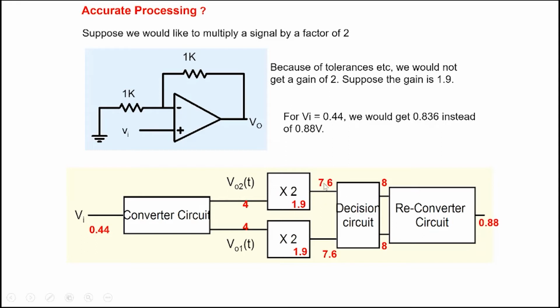And therefore, even if it becomes 7.6 or 7.4 or 7.3, as long as it is more than 7.5, anything it could be, the number would be 8. So it is robust to errors, robust to noise up to a particular point, obviously.